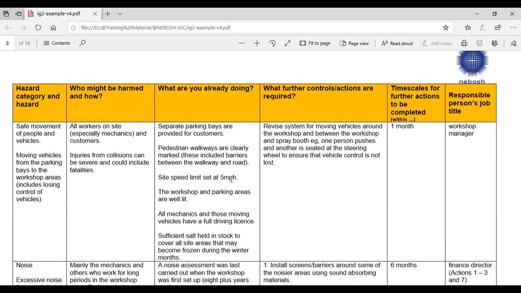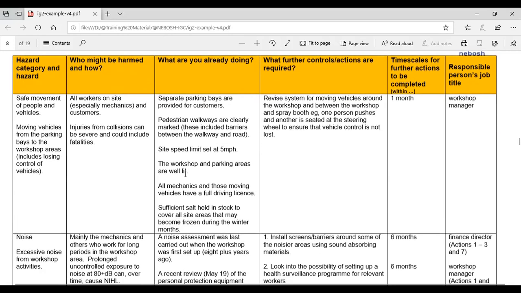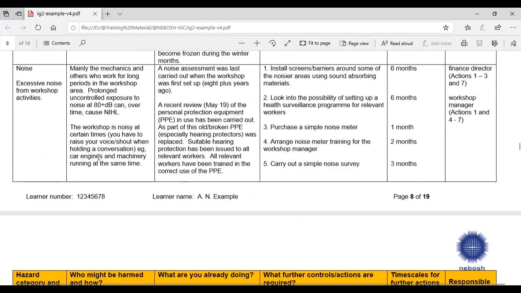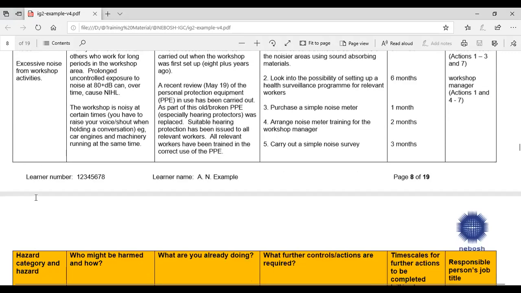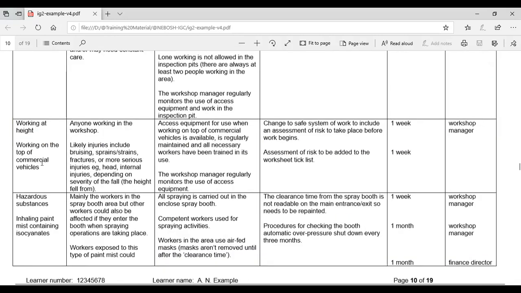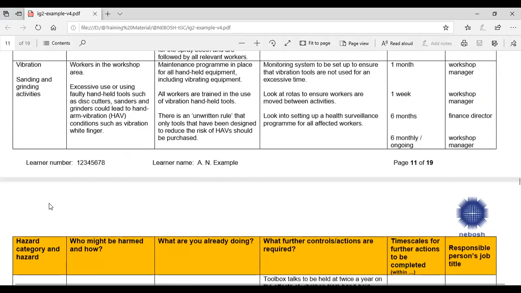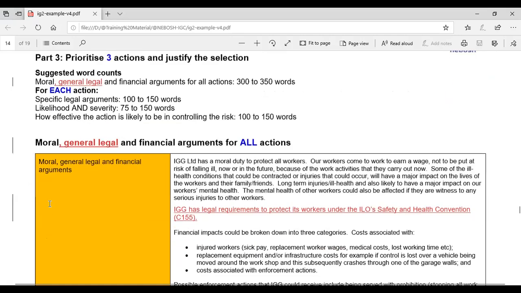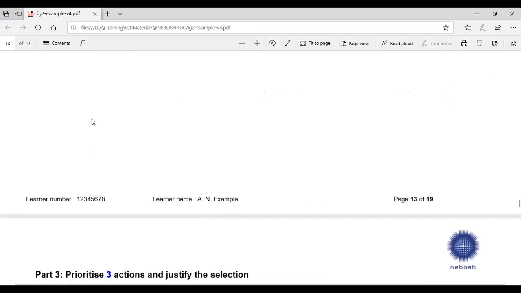Some more controls can be implemented, and you become innovative, and you believe the biggest room in the world is the room for further improvement. So you can suggest a few additional controls, make them time bound, and say who is responsible for that. In the same way, you take noise, or slips and trips, working at height, at least 10 hazards from 5 different categories, and you complete part number 2.